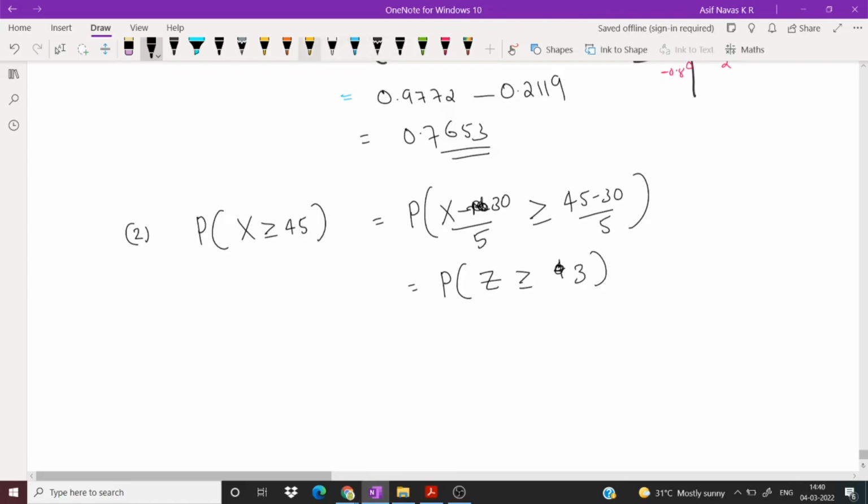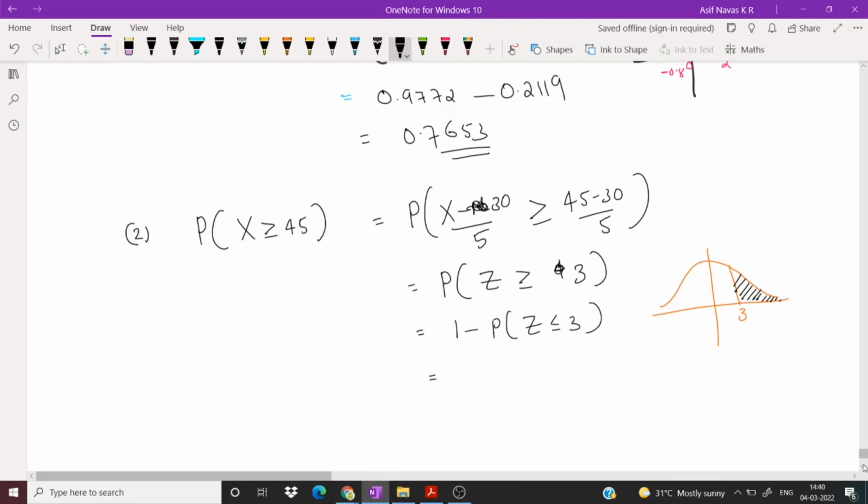Now I am taking the standard normal table, and I want to find this area beyond 3. We know the total area is 1, so this is equal to 1 minus P of z less than or equal to 3.